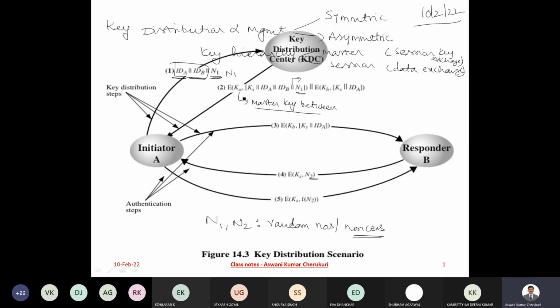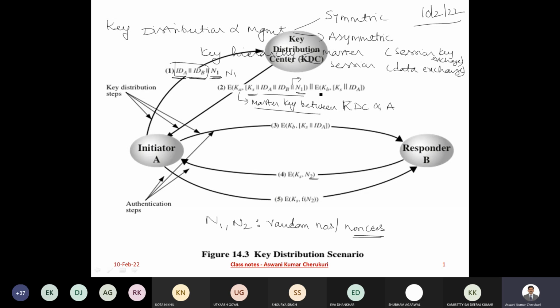The entire piece of communication is encrypted with the help of the master key between KDC and A. Because the communication is happening between the KDC and A, obviously that communication is encrypted with the master key between KDC and A. That is KA. What is inside the communication? The session key that both A and B should use. Similarly, the rest of the message is what A had actually sent.